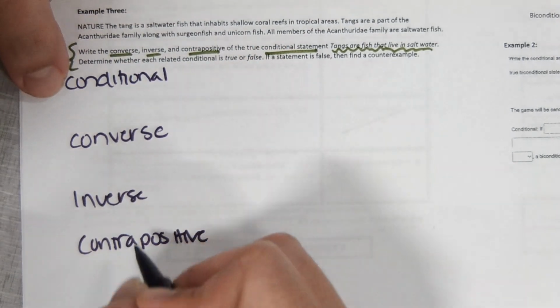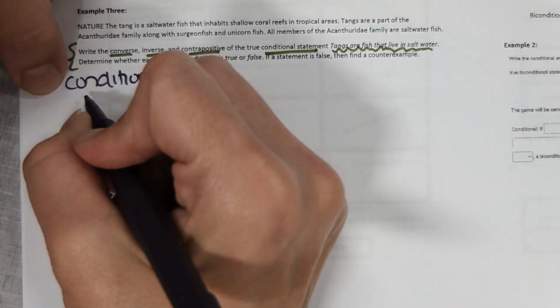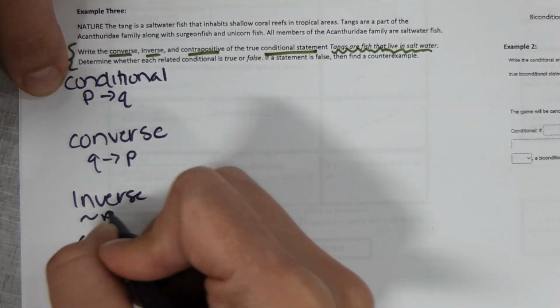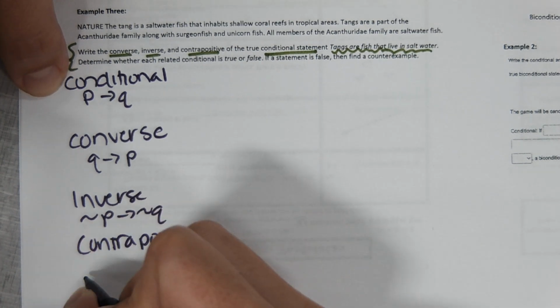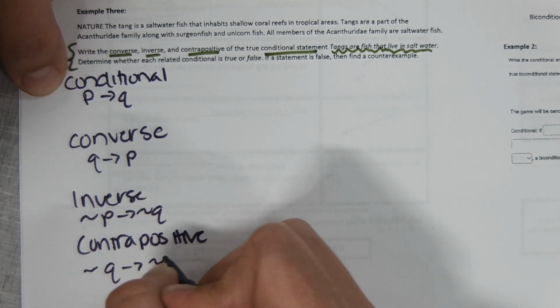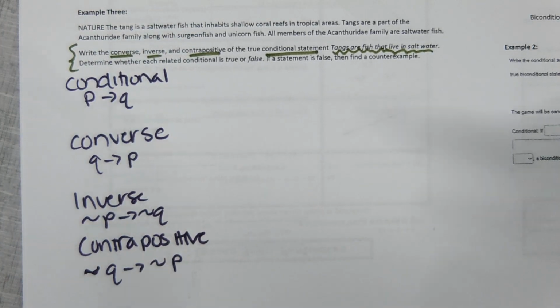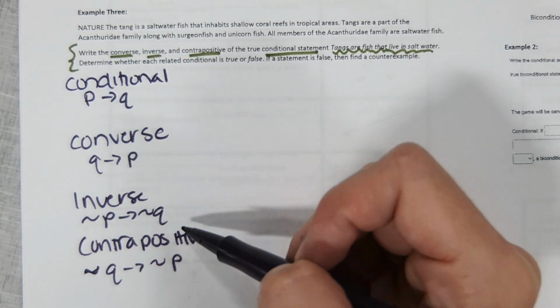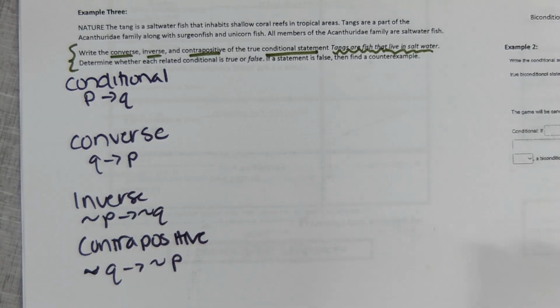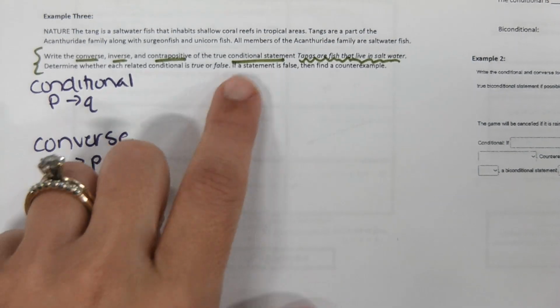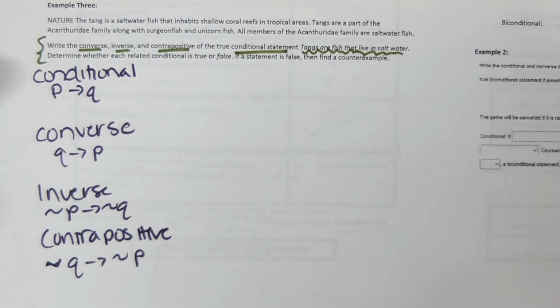And then once I can write down those 4 words in order, then I write down, okay, P, then Q, Q, then P, not P, then not Q, and then not Q, then not P. And this order is logical to me. It's just the words. I forget the order of the words, so I have to rememorize that. And then if you can write down this, you can answer all of this. You already have your key here.